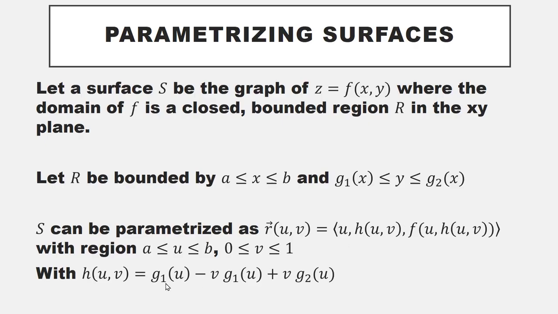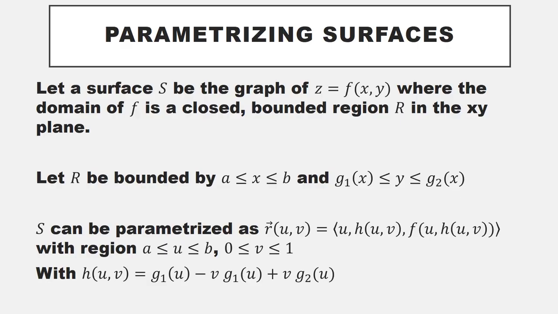And the way we set up that function is we take the initial value minus v times the initial value plus v times the end value. So initial meaning the lowest value of y up to my highest value of y.